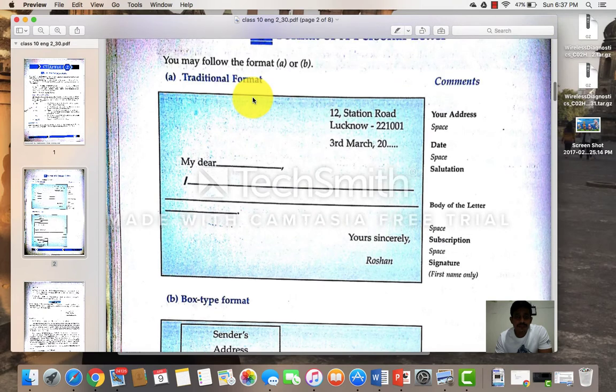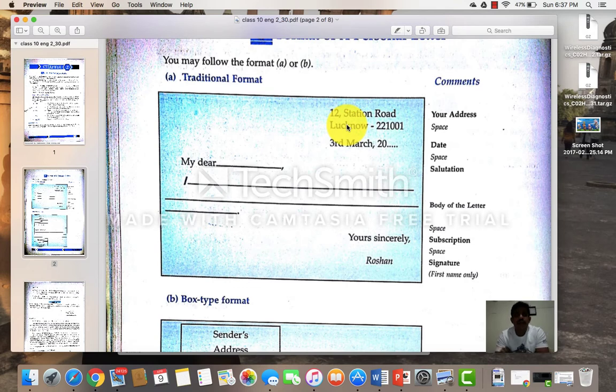So there are rules for how we are supposed to write a personal letter. Let us look at each one of them. The first one is the address. You are writing a letter to a close relative, friend, or an acquaintance, so your address would do.